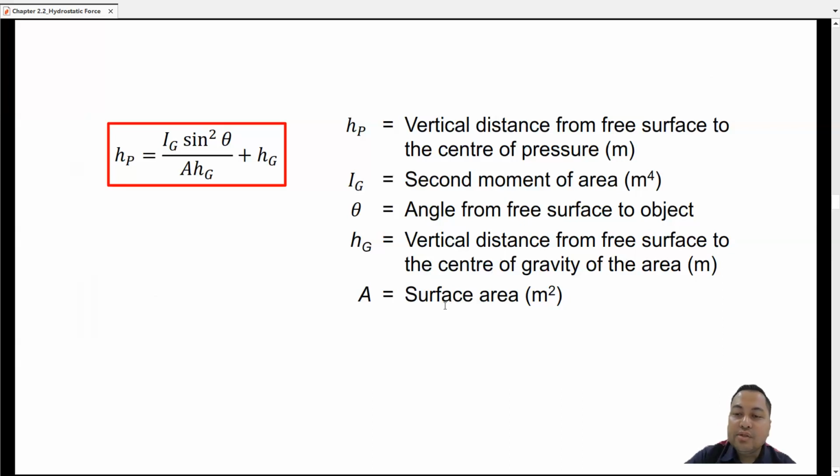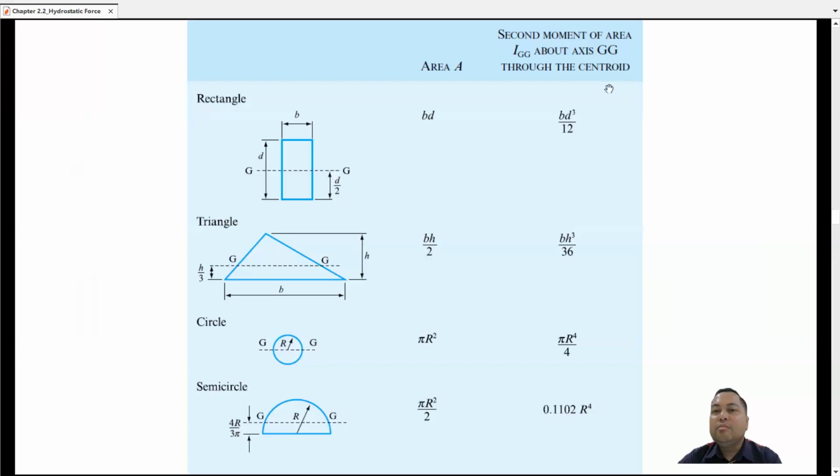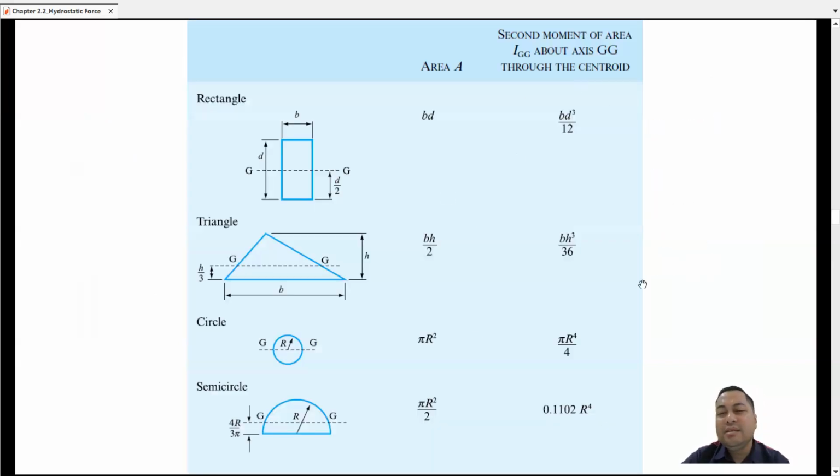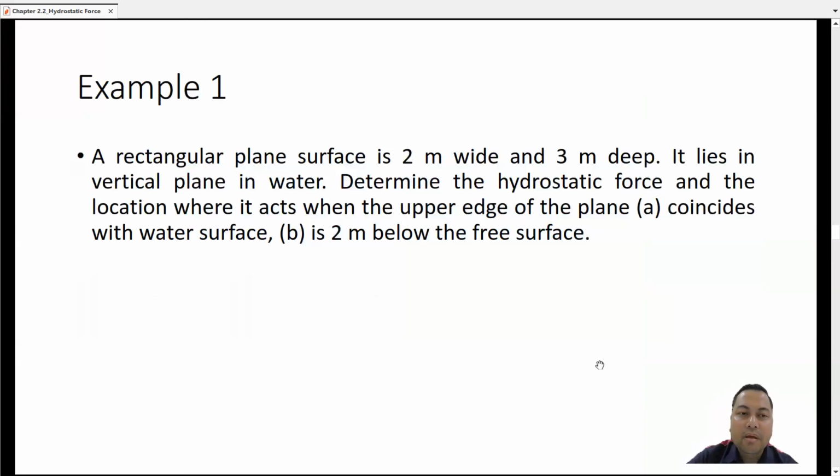The rest is already explained before. The second moment of area, Ig, can be obtained using these equations depending on the shape of the plate: for a rectangle, b h cubed over 12; triangle, b h cubed over 36; circle, pi r to the power of 4 over 4; and semicircle, 0.1102 r to the power of 4.